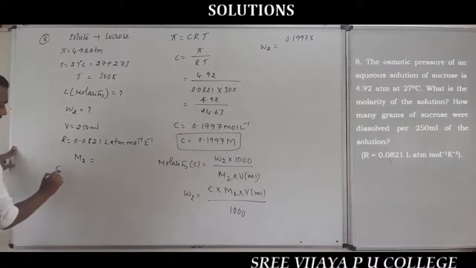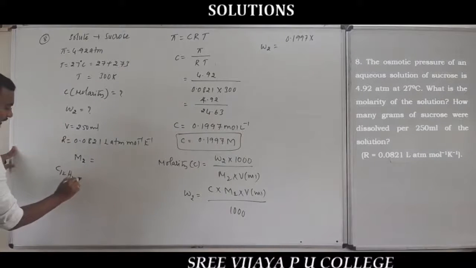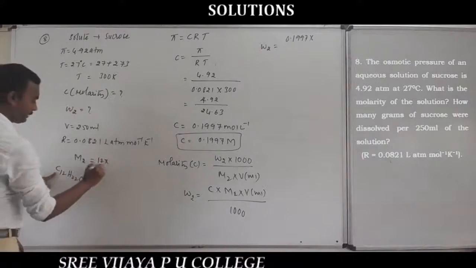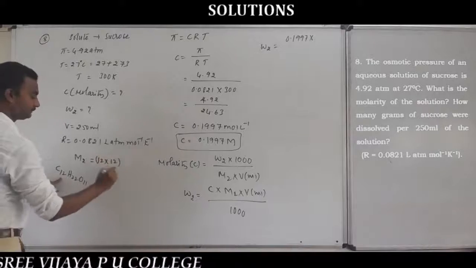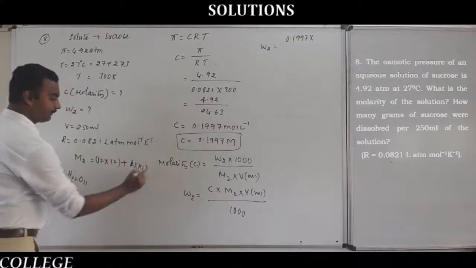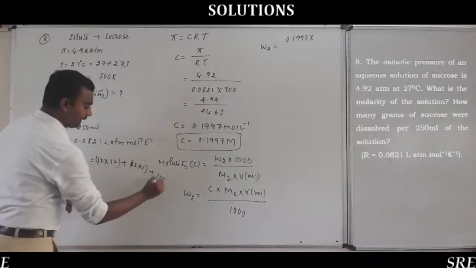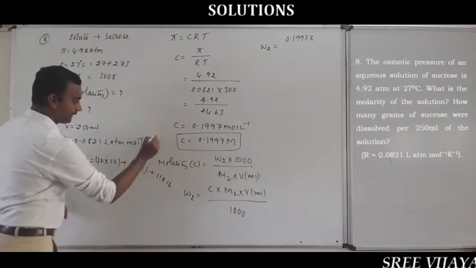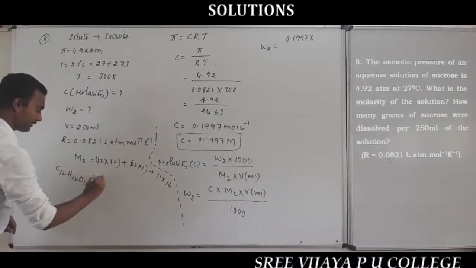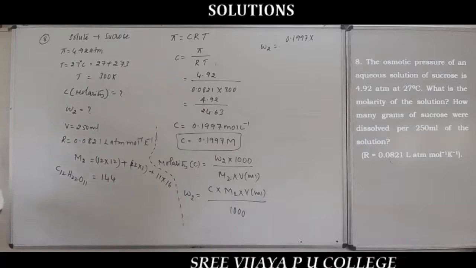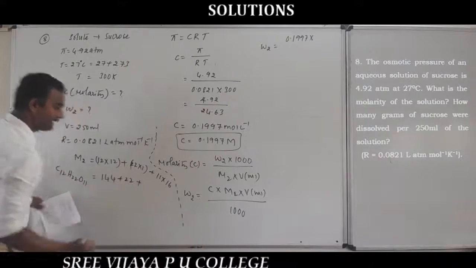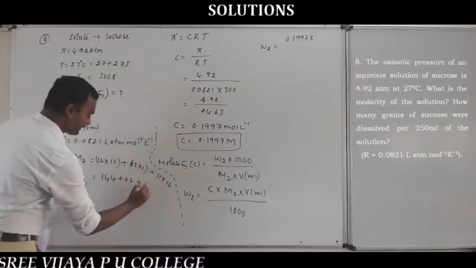Sucrose is a disaccharide, having the formula C12H22O11. Let's calculate. Carbon 12 into atomic mass 12, plus hydrogen 22, atomic mass 1, plus oxygen 11, atomic mass 16. So that is 12 into 12, that is 144, plus 22 into 1, that is 22, plus 11 into 16, that is 176.